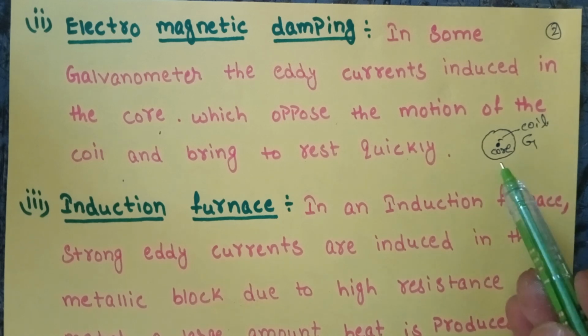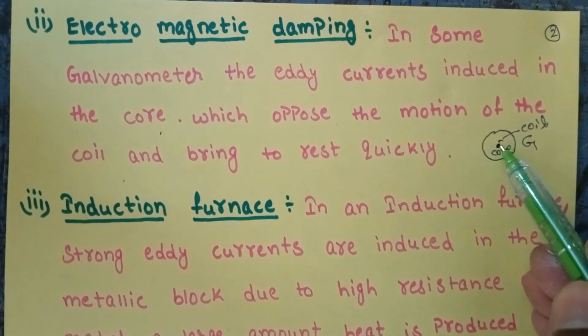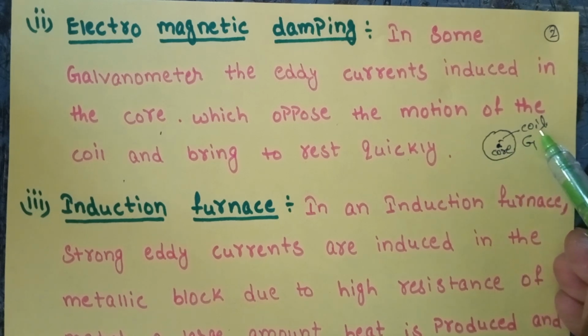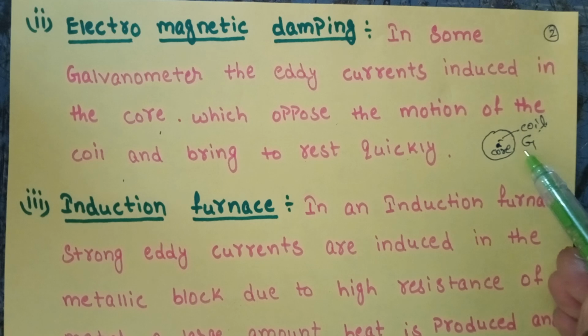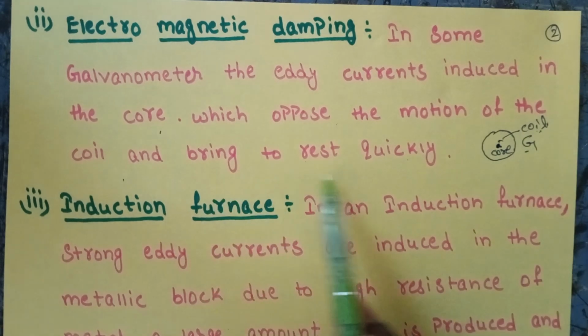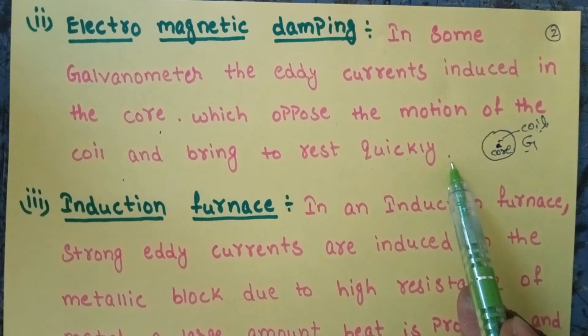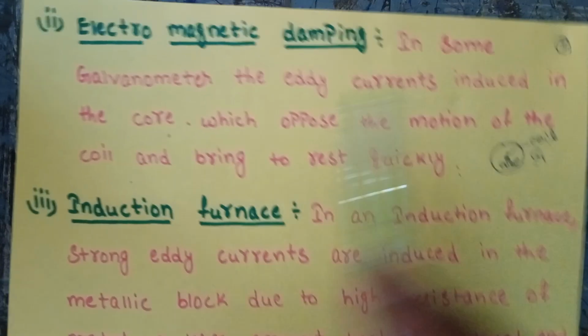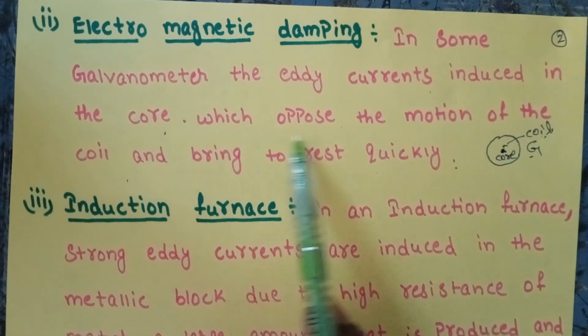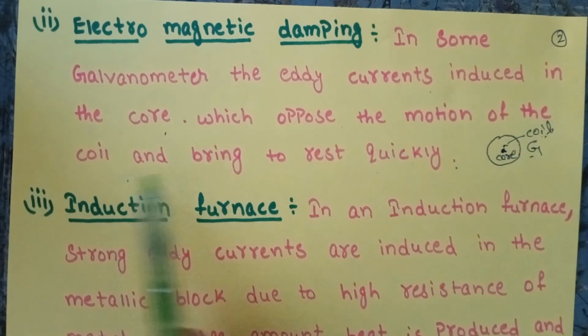When eddy currents are activated in the core, they oppose the motion of the coil in the galvanometer and the coil is brought to rest quickly. Which currents are these? Eddy currents.